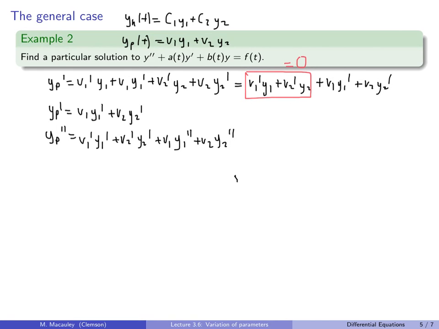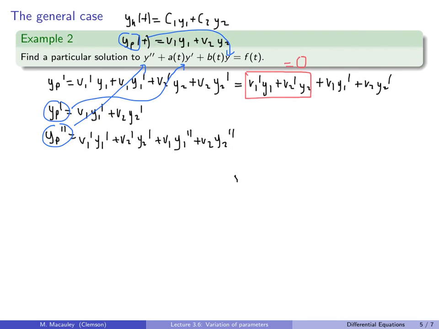So this is yp double prime, and so now we need to plug these things back into the equation. We need to plug this thing back into there, this thing back into here, and this thing back into there.